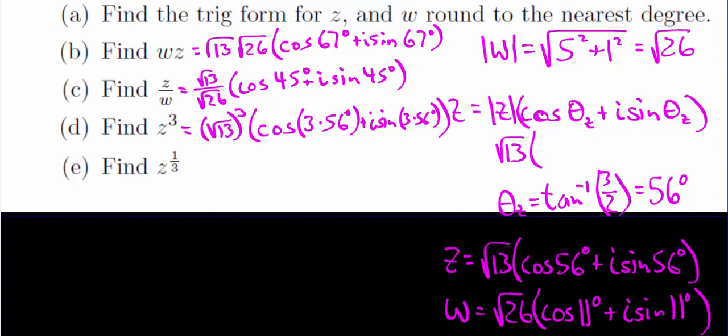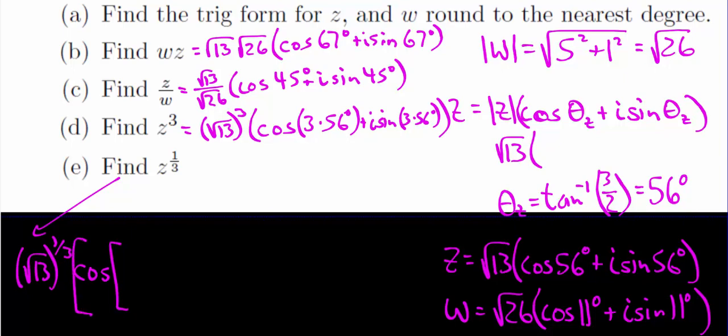Now, when we talk about the root, there's going to be 3 roots. So here we go. For this one, we're going to take the square root of 13 raised to the 1/3 power. And then we do this. We've got cosine of the angle. What was the angle? 56 degrees.